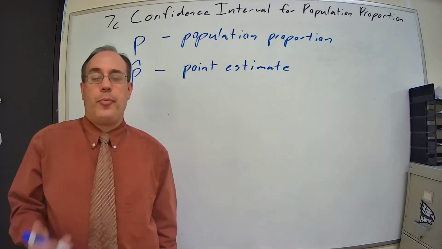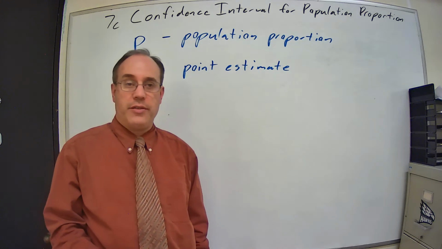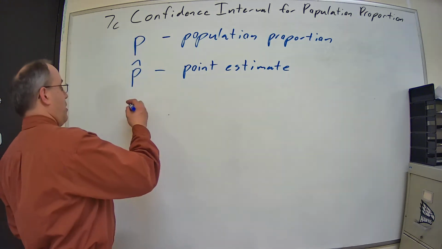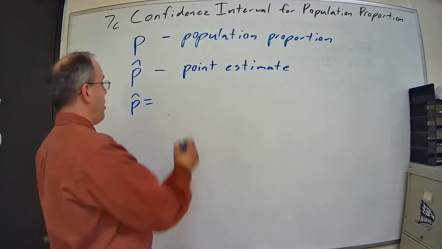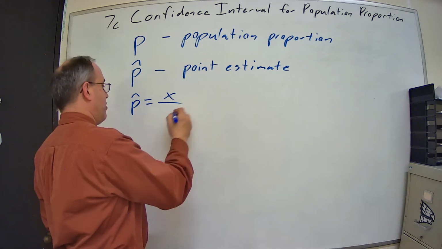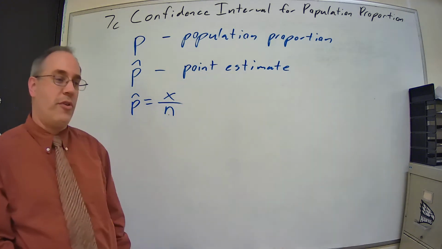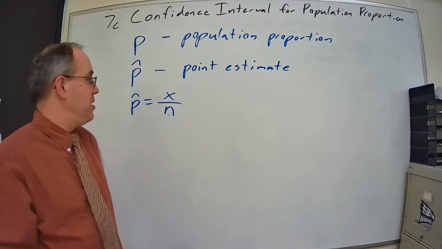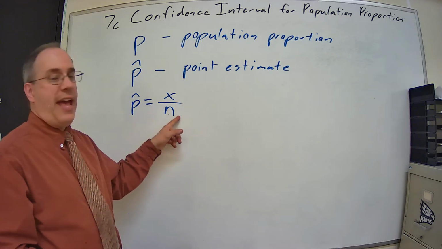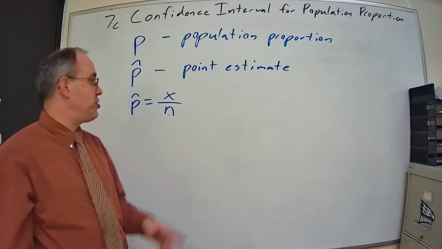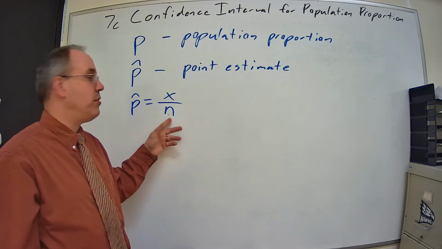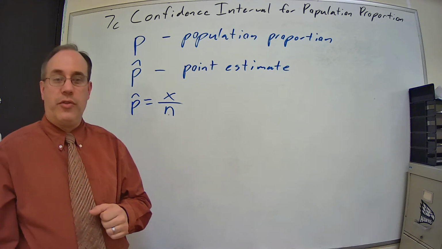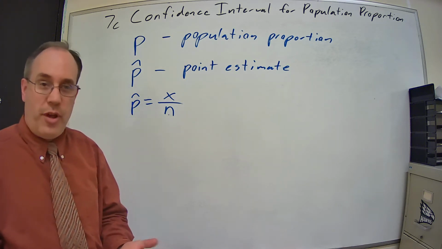So a sample proportion is an estimated value for the population proportion. And that sample proportion can be given to you in a few ways. One way is it can be given to you as the number of successes over the number of trials. X items out of n total. So our sample size, how many of the items in our sample will give you the proportion. That will become a decimal number.